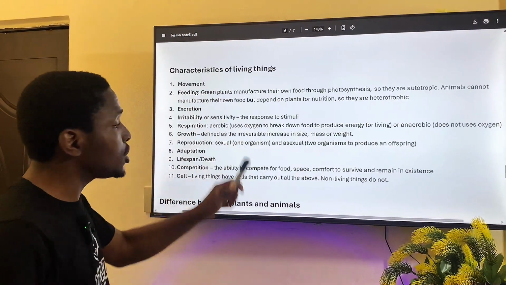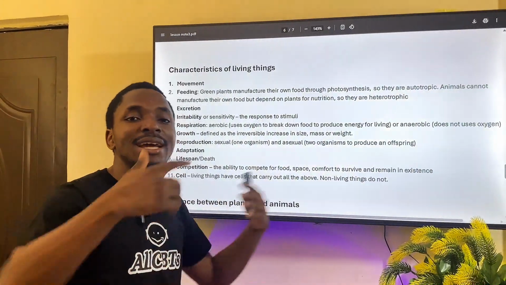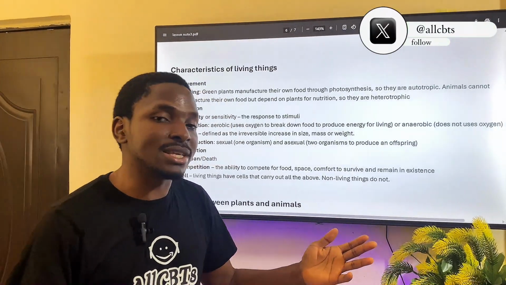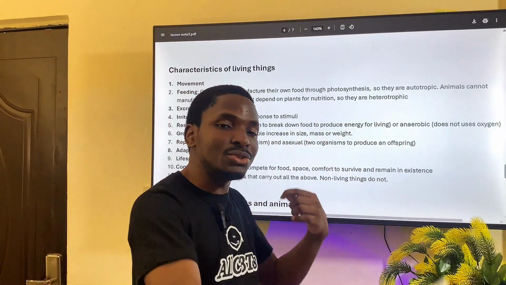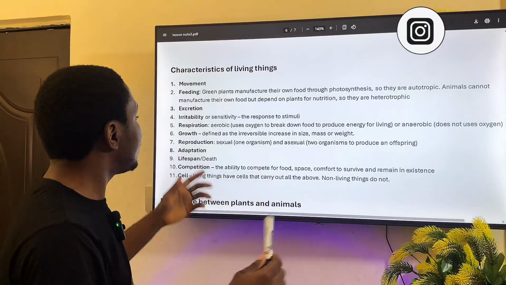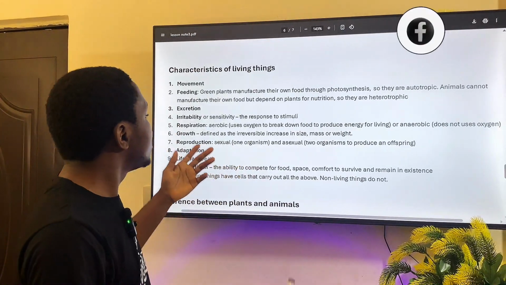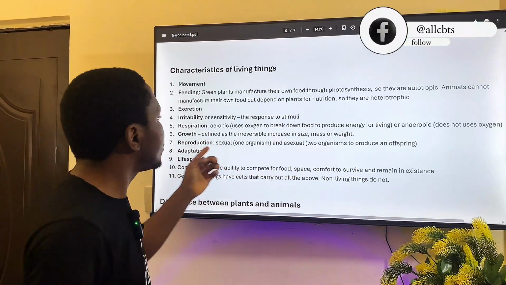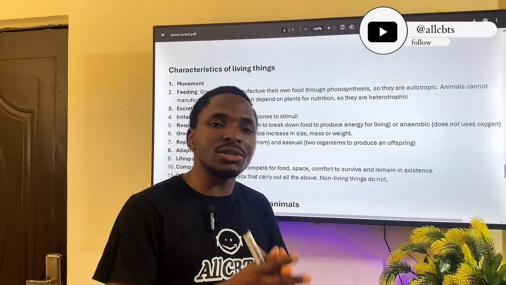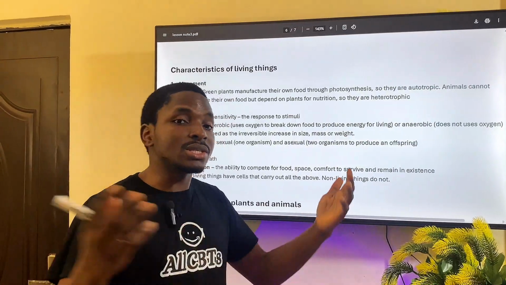And then we have reproduction. Living things reproduce after their kind. As you can see in the book of Genesis chapter 1, in the creation of God, it says, let them reproduce after their kind. So all living things reproduce. We have 2 types of reproduction. We have the sexual reproduction that involves two organisms, as in the case of humans or mammals, most animals.